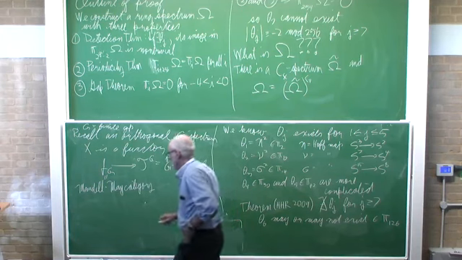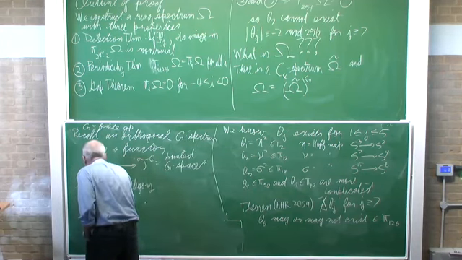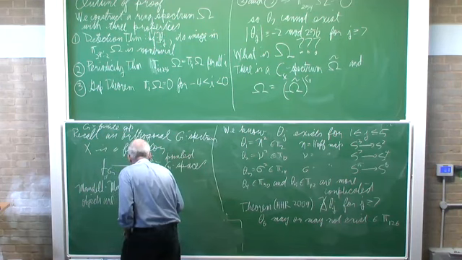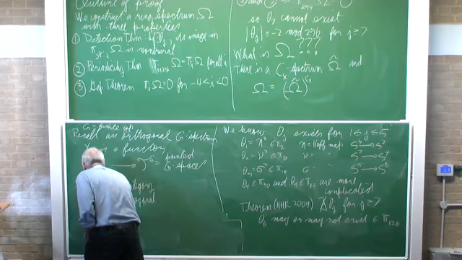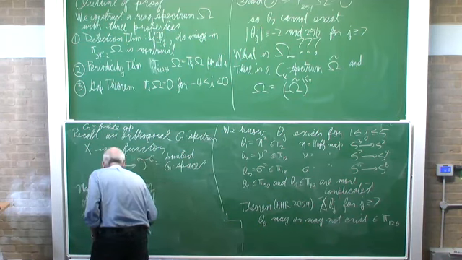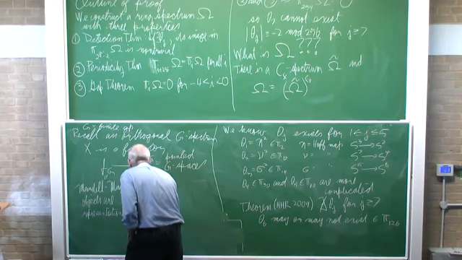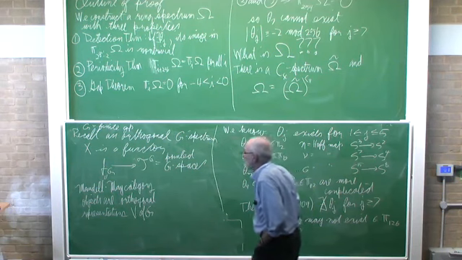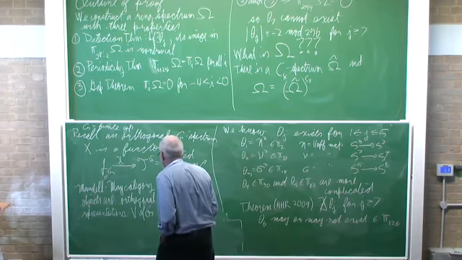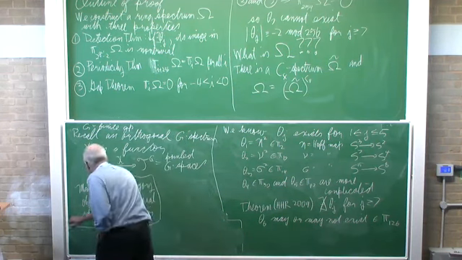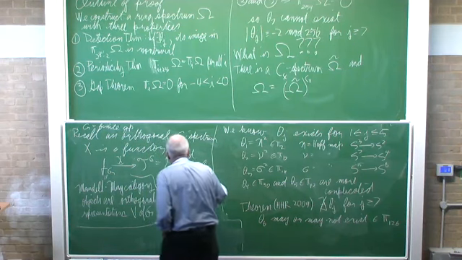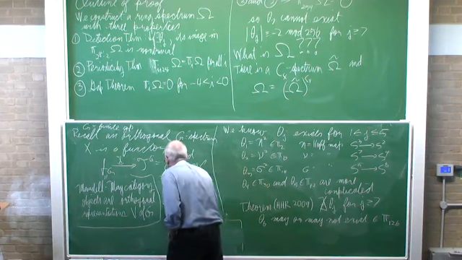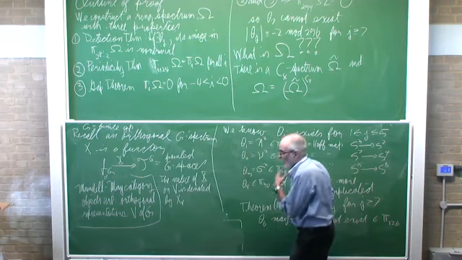And in this category, the objects are orthogonal representations V of G. So X is this functor, and the value of X on V is denoted by X sub V, and then there are certain structure maps.